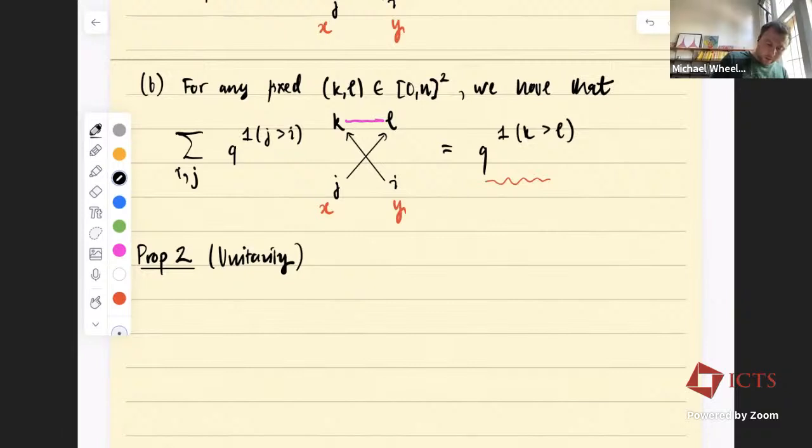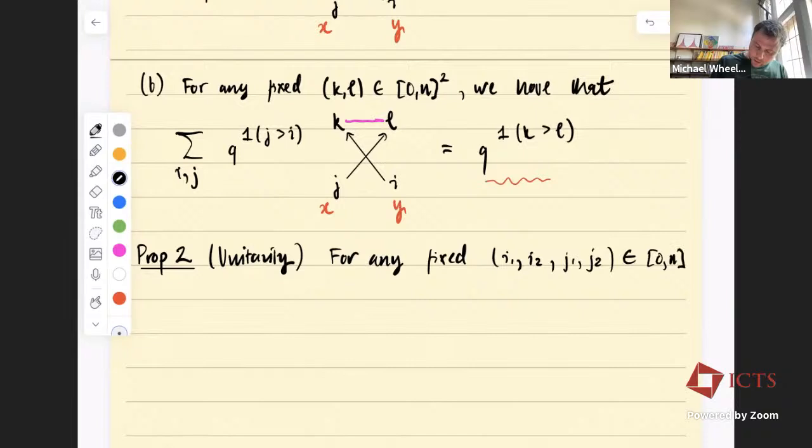To state this one, I'm going to fix basically 4 indices. So for any fixed, let's call them I1, I2, J1, and J2 that live in 0 to n to 4, we're going to define the following quantity.